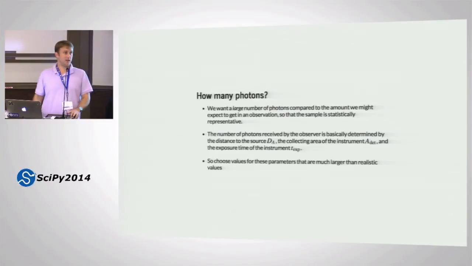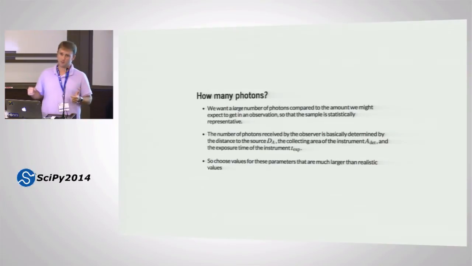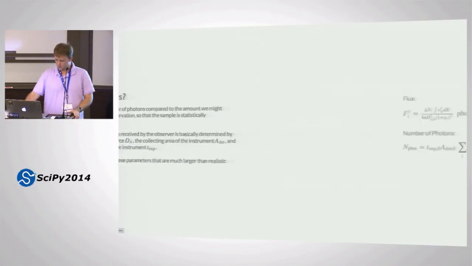So what we'll do is initially take values for these parameters and make them very different from what we might expect for a real observation. So give a ridiculously long exposure time, a very large collecting area, and maybe put the source at a fairly close distance.